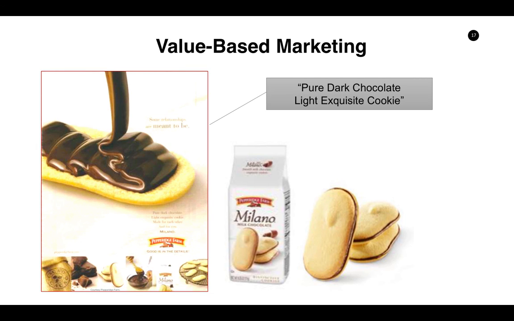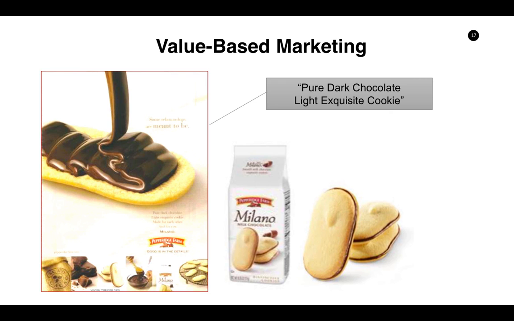This cookie, for instance, is focused on value-based marketing. So it's Milano, and if you've been to the grocery store, I'm not sure how much it is, but it's not more than around $4, maybe $5. But it's a grocery store cookie, so it's not that expensive, and it's also not that high end.